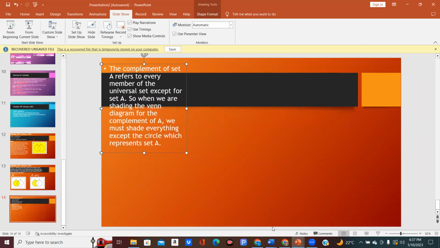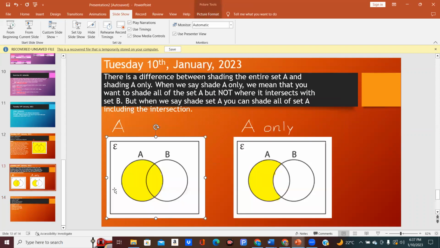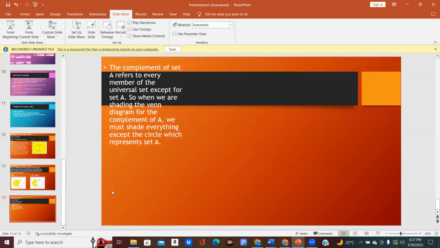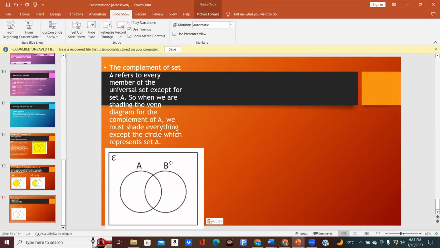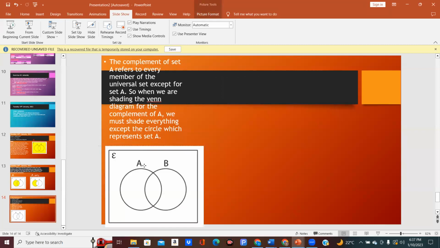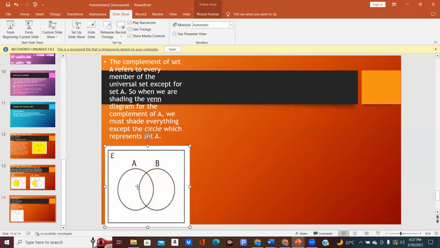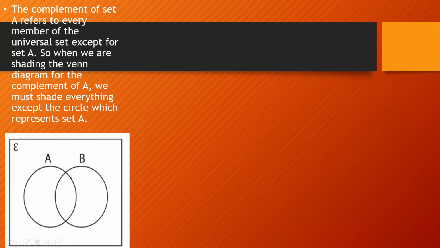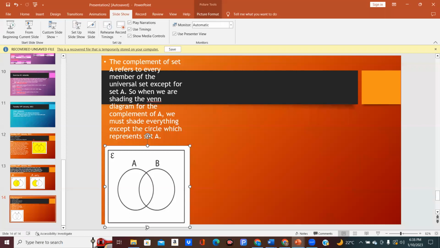So let me find that again. Let's use this. Again, we already know what A is. A is this guy. Remember, this is the complement of A. So let me put this smaller.